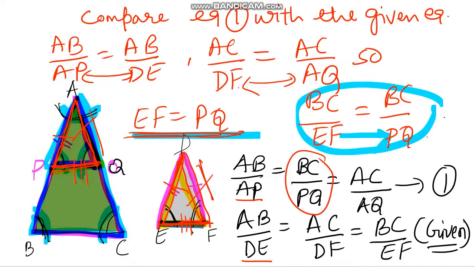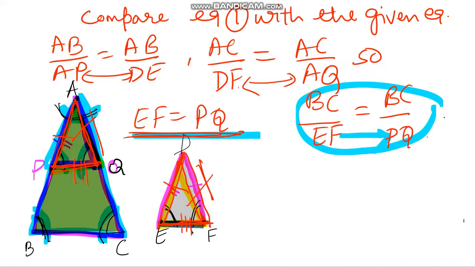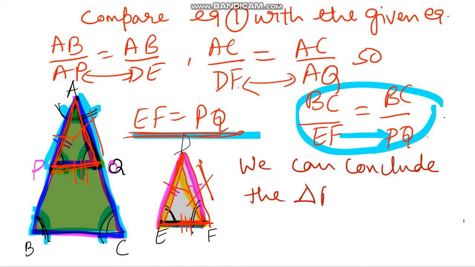So if we say that triangle ABC is similar to triangle APQ, then we can say that triangle ABC is similar to triangle DEF. So let us write it. Now children, what did we get? We got EF equal to PQ, and from here we can conclude that triangle APQ is congruent to triangle DEF.